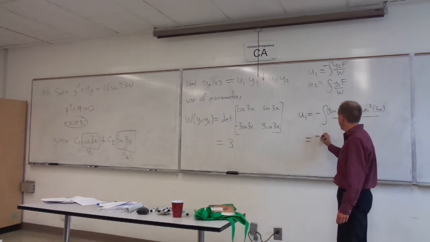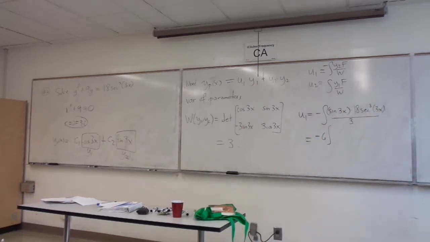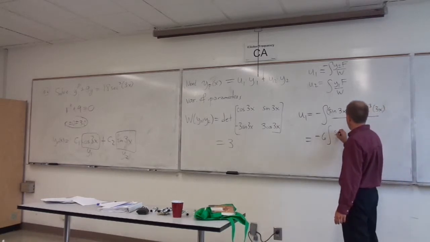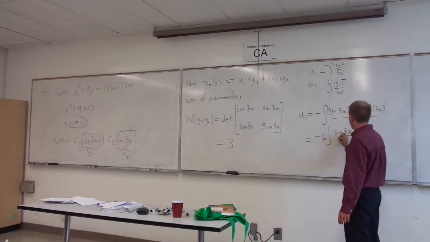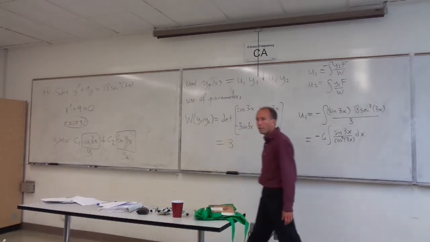I can pull that out in front. So it's negative 6 times the integral of sine of 3x over cosine cubed of 3x.